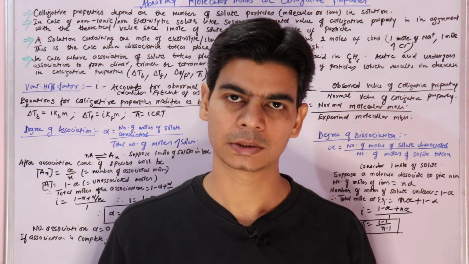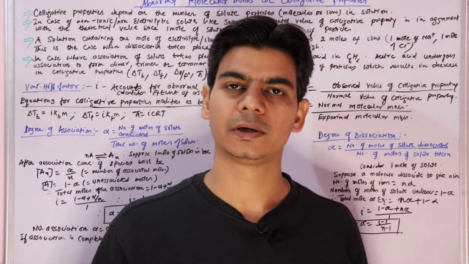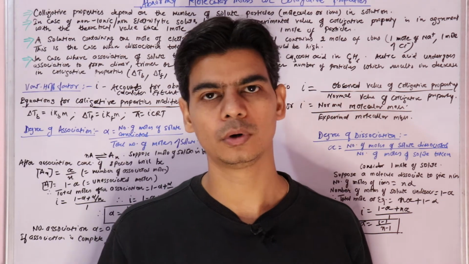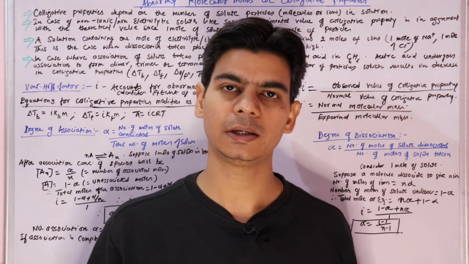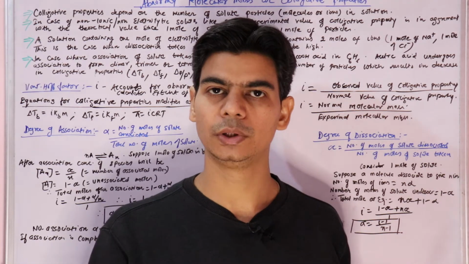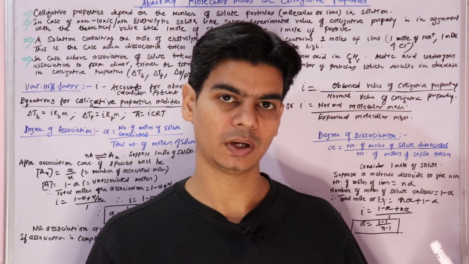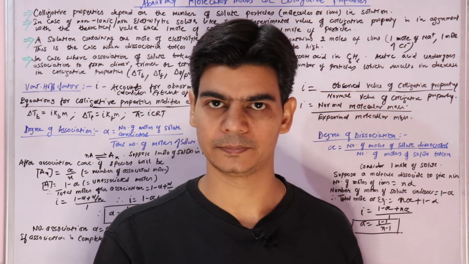The theoretical value of the colligative property is due to 1 mole of sugar, and the experimental value in solution is also due to 1 mole of sugar, because 1 mole remains as 1 mole.